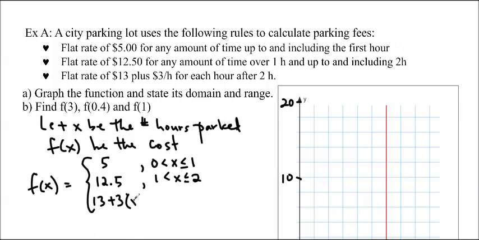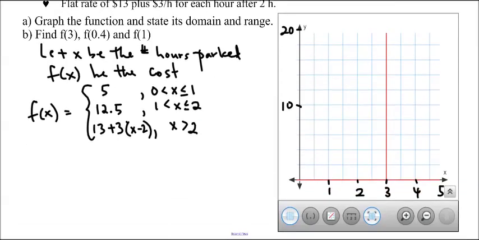So x minus 2 right there. That's anything over 2 hours, so that's for x greater than 2. Right? So that's our equation. It's got the rule part, and then it's got the interval part. So which rule do we follow for which interval? And it describes it for us, okay?